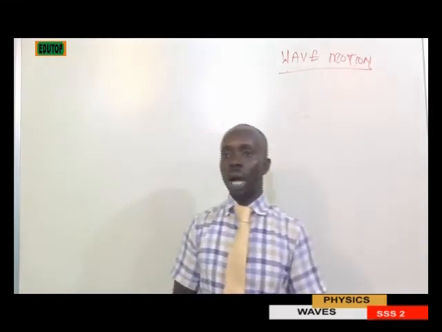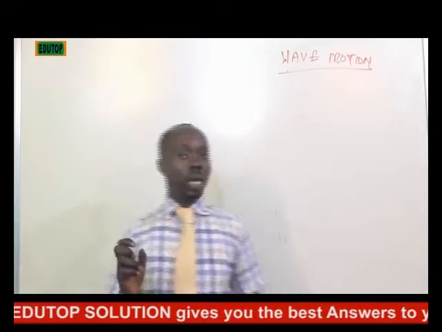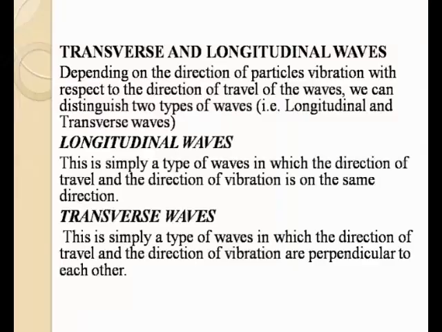Now let's go to another two major categories. We'll be looking at what is meant by transverse wave and what is meant by longitudinal wave. Depending on the direction of vibration of particles with respect to the direction of travel of the wave, we can distinguish two types of wave. We are looking at the two types now based on the direction.